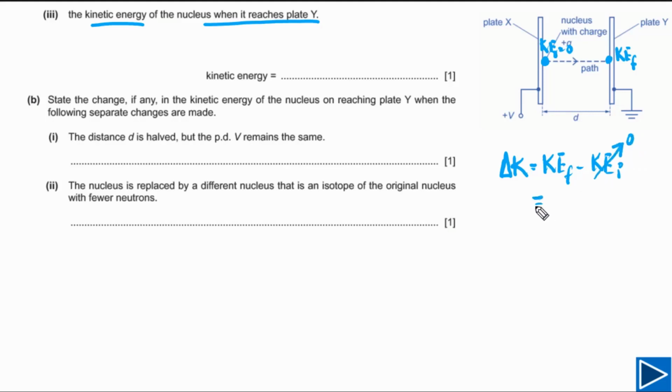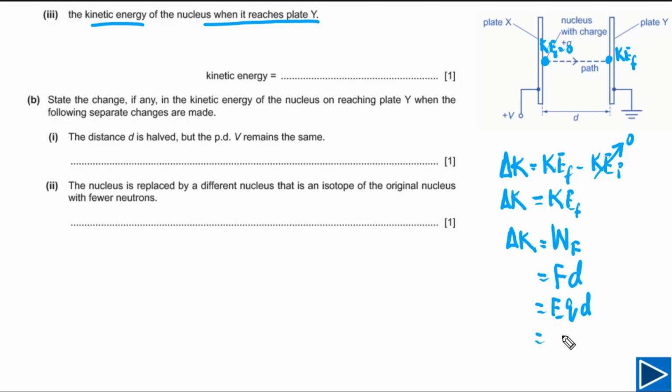It simply means that the change in kinetic energy is equal to the final kinetic energy. Now we need to understand the change in kinetic energy. In this case, this is equal to the work done by the electric force. And work done by the electric force is equal to force times distance. F is equal to EQ, so this is the force.